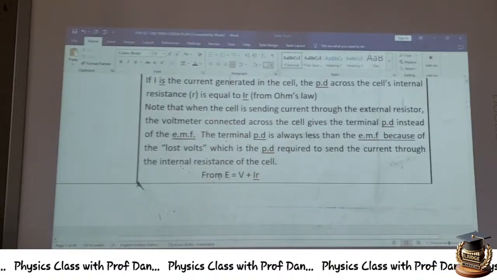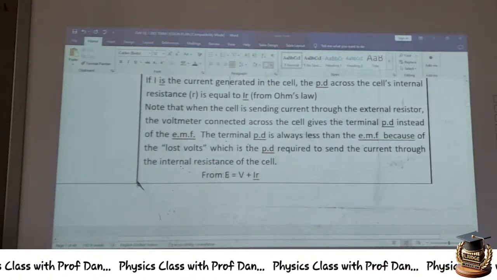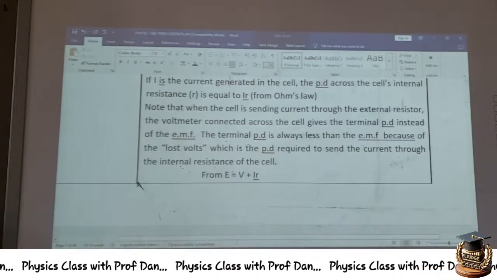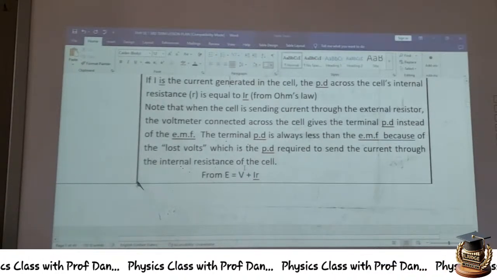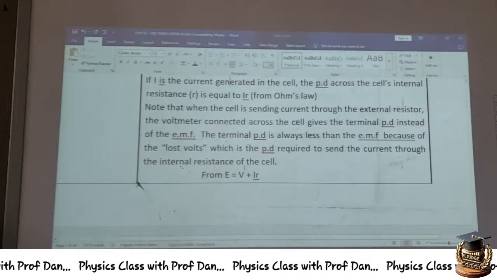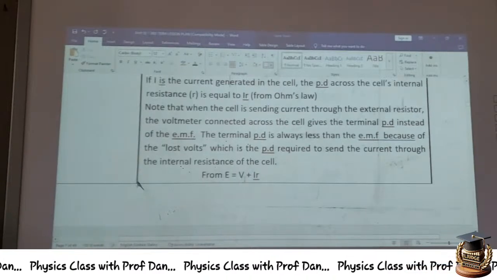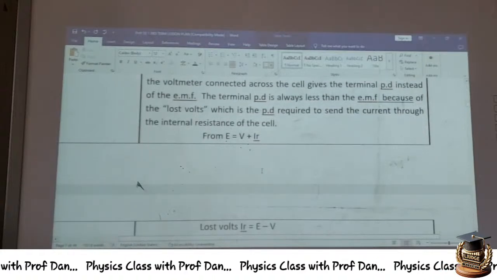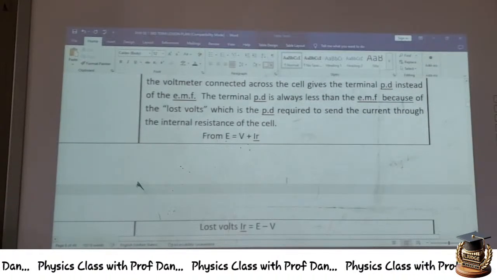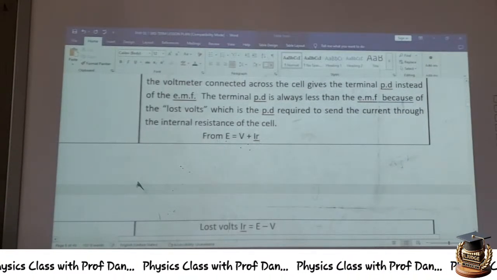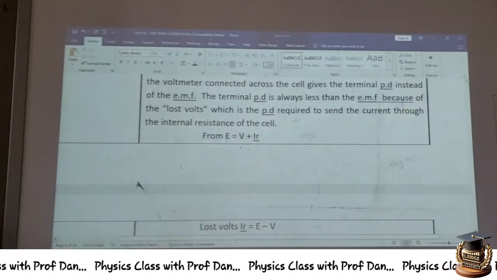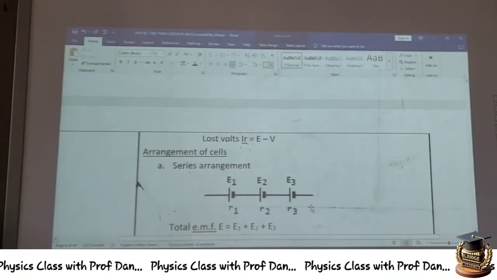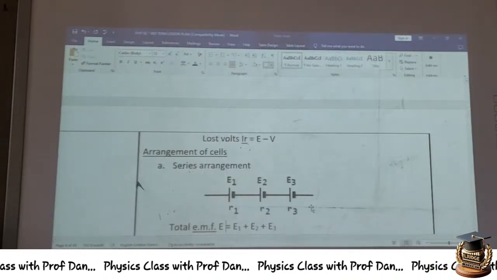The terminal PD is also always less than the EMF. Lost voltage Ir equals, if you take this to the side, E minus V. Arrangement of cells too can be in series and also in parallel.